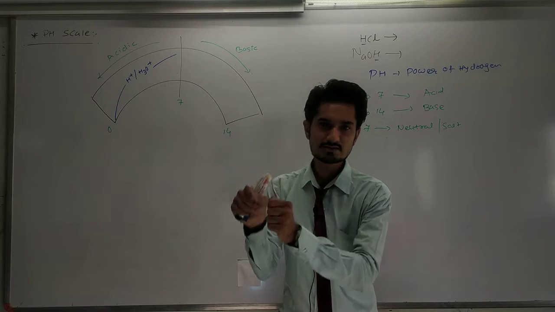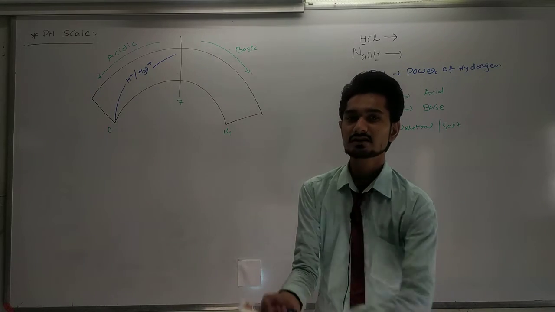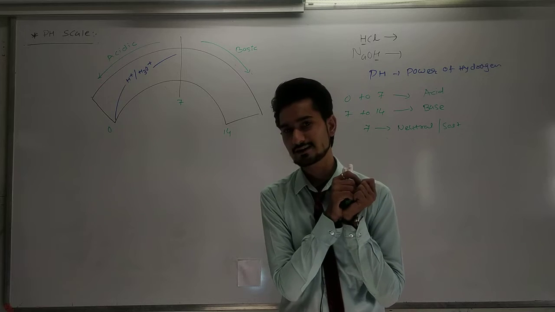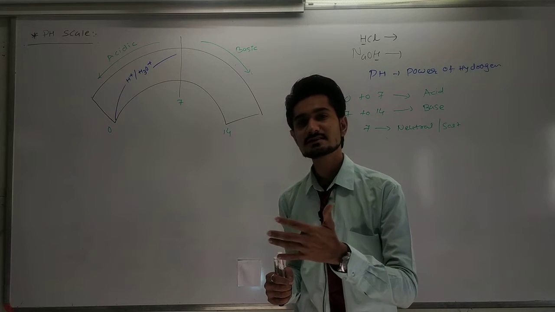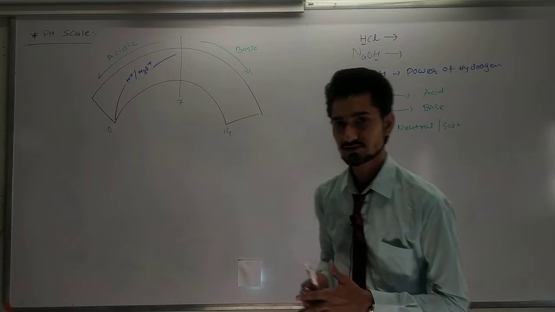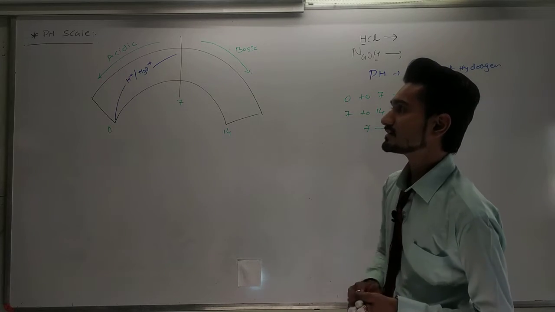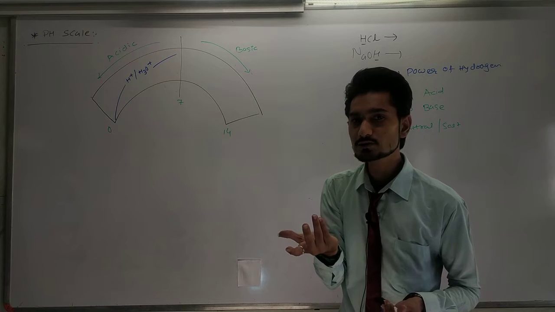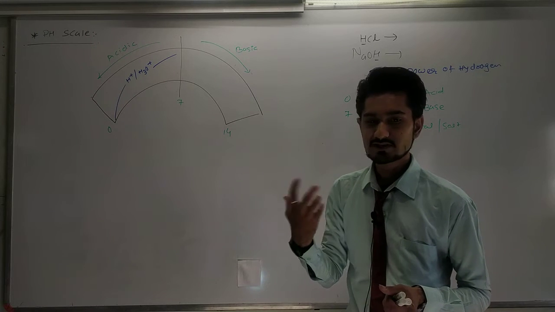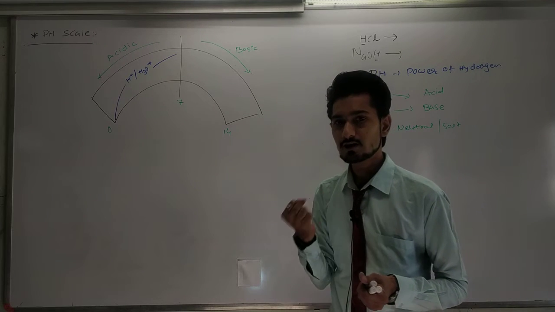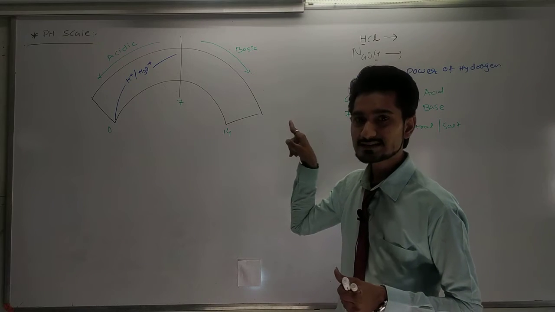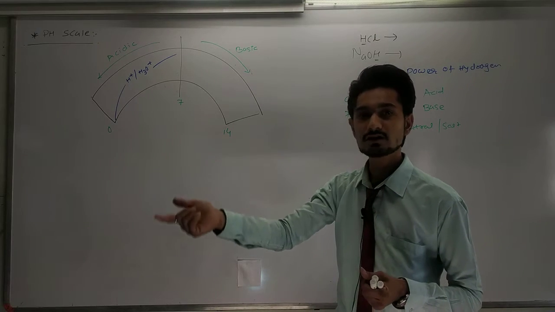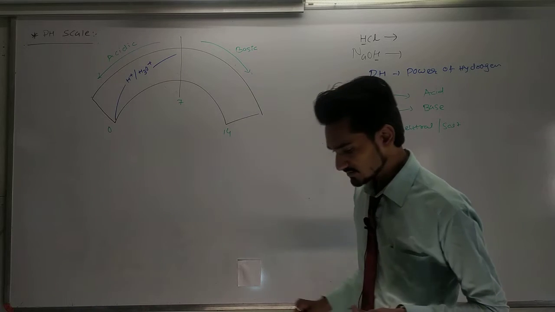For example, one substance has value 12 and another has value 13. Which substance is more basic in nature? The substance with the pH value of 13 has a more basic nature than the substance with the pH value of 12.